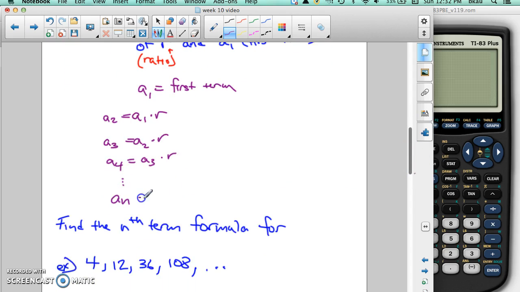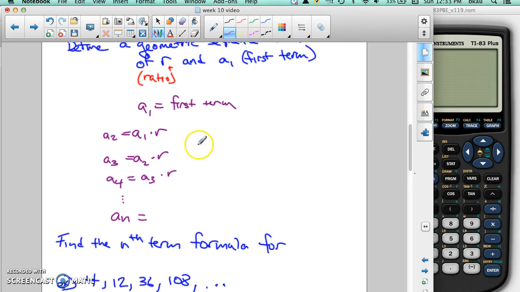And a sub n. We're trying to generalize the formula. Now usually what I would do here, just as the previous one we did for arithmetic, I would substitute for this a sub 2. We know a sub 2 is a sub 1 times r, so this is a sub 1 times r, which is a sub 1 r squared. Now a sub 4, we're going to take this one now and substitute.